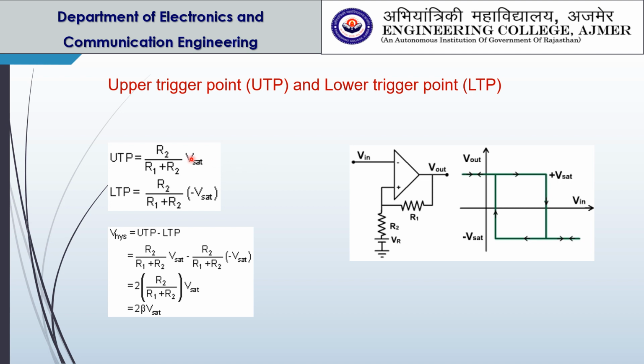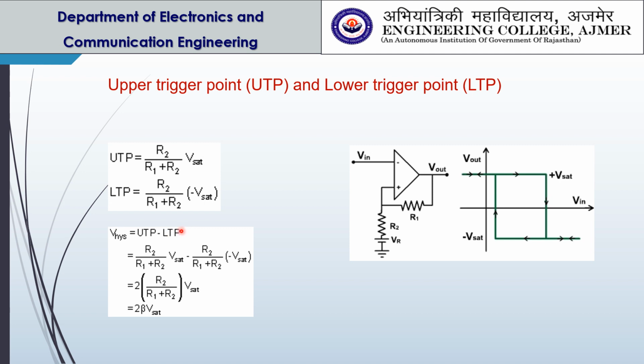The upper trigger point is given by plus V reference, that is, R2 upon R1 plus R2 into V saturation, and the lower trigger point LTP is given by R2 upon R1 plus R2 into minus V saturation. The hysteresis is given by the upper trigger point voltage minus the lower trigger point voltage.